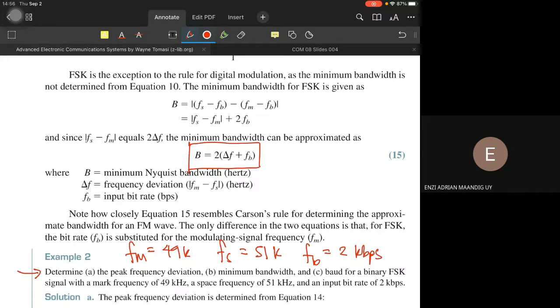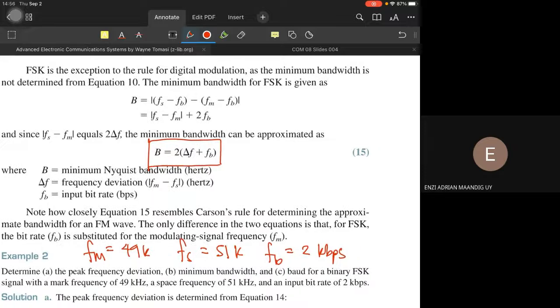So the frequency deviation in this example: FM is 51.